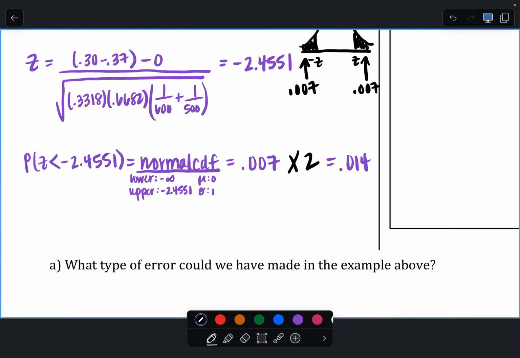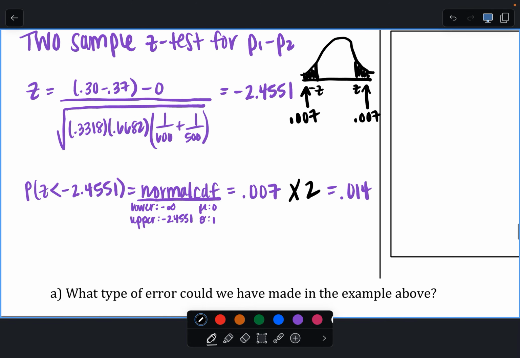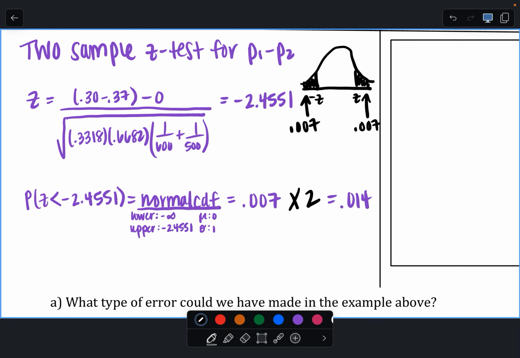So before I move on, because again, I want to show you calculator steps as we go, what the calculator is replacing. So all you would have to write instead of all of this is you will have to name it. So you'll have to say 2 sample z-test for whatever subtraction you're doing. You are going to have to state the z-score, and you are going to have to state the p-value.